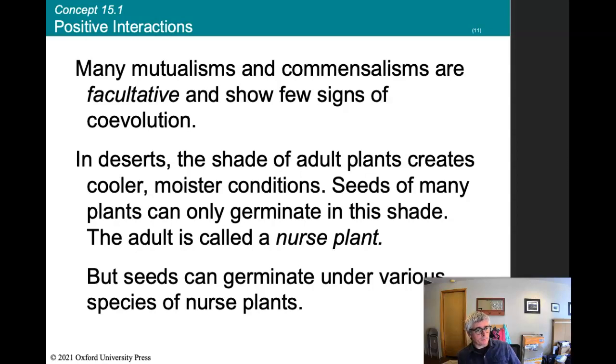Maybe it's commensal, where there's no cost to that tree, or maybe there is a cost where those understory plants are robbing water and nutrients from that nursery tree. And they could potentially also eventually grow up and out-compete that nursery tree. That's also pretty common in forest systems. So think of those three different ways of interaction for a nursery tree and the understory plants.